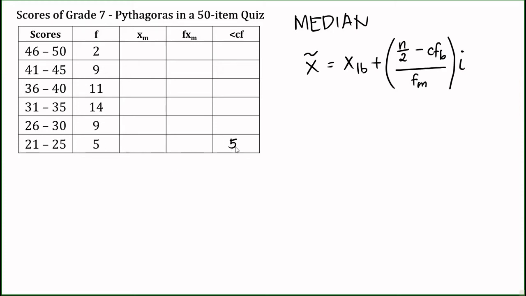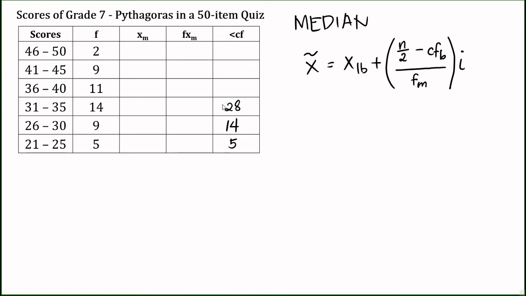Okay? So, ang sunod po ay i-add nyo po yung nasa taas niya, yung next frequency. 5 plus 9 is 14. And then, after that, i-add nyo naman yung nasa taas ng 9. So, 14 plus 14. So, i-add nyo po dito, dun sa ating pinakahuling nakuhang cumulative frequency. 14 plus 14 is 28.